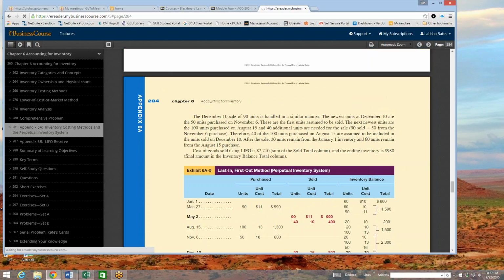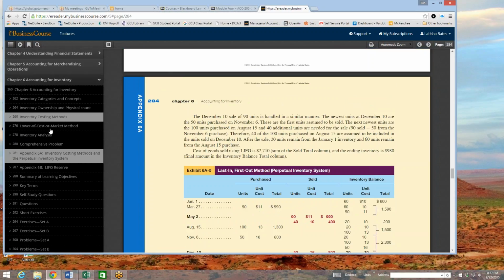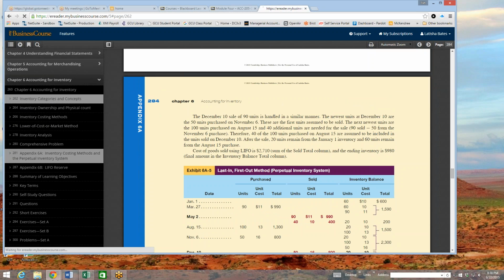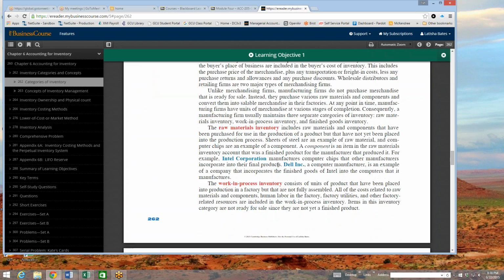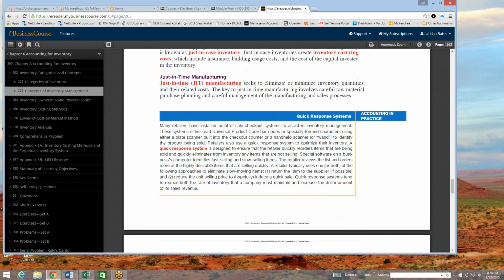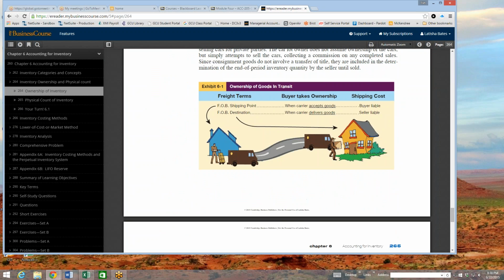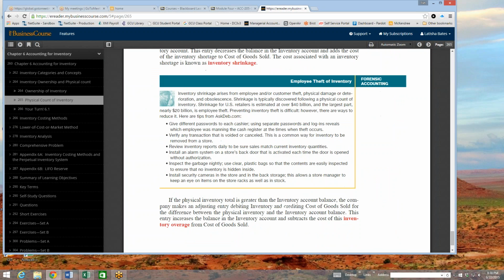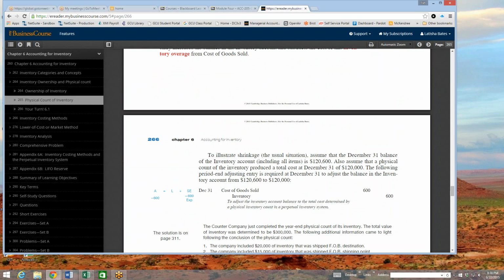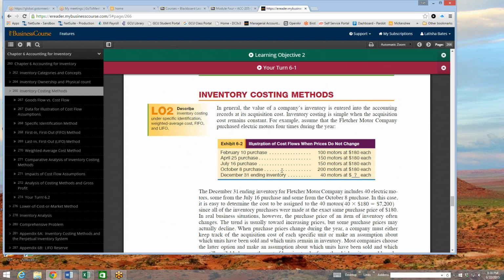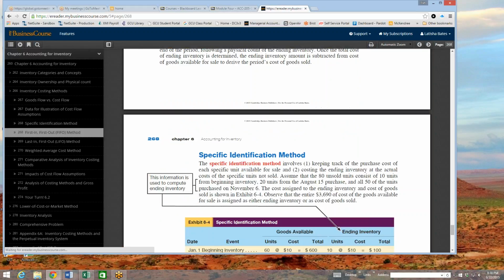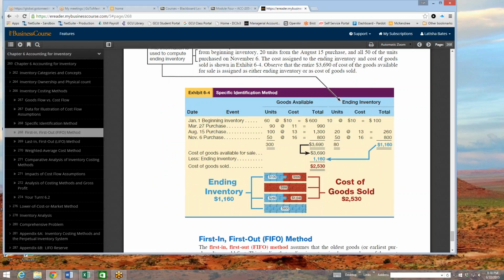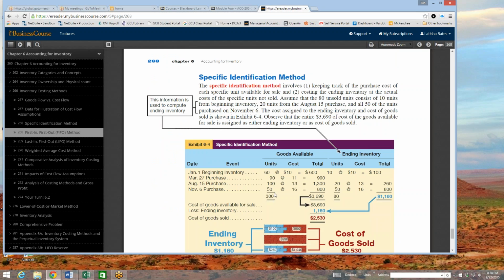Let's go back up here. I want to show you guys, see if I can find it. There's a very good explanation up here in the chapter as well of each of these. Here's the specific identification method.